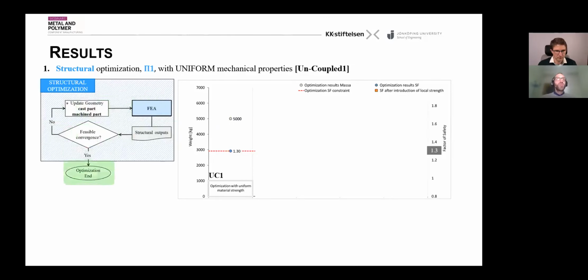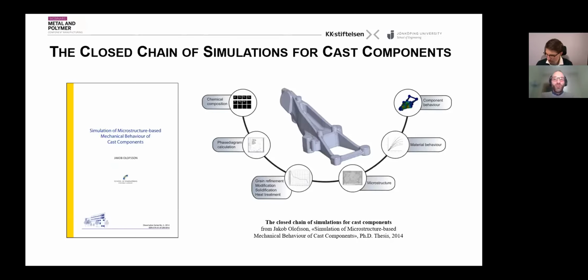So we considered that the target was reached, with a safety factor of 1.3 and all the process outputs below our request. But it's well known that cast components are not homogeneous and the properties can change locally due to the geometry, but also due to the casting process itself.